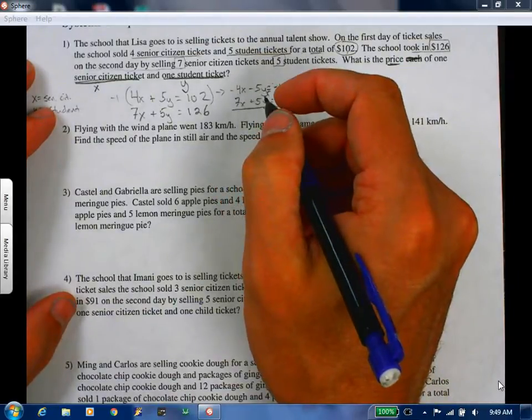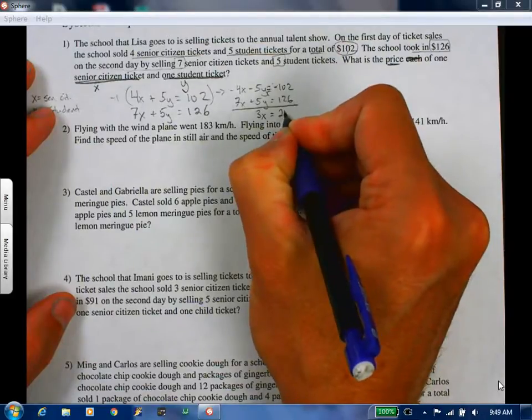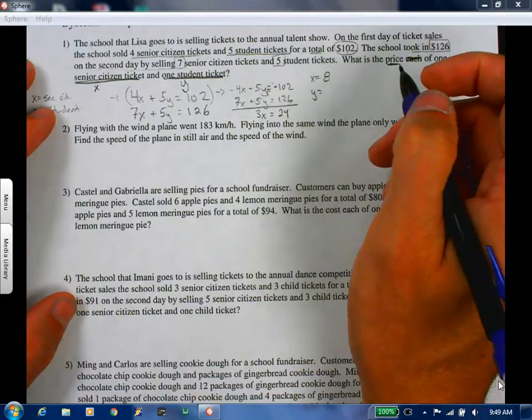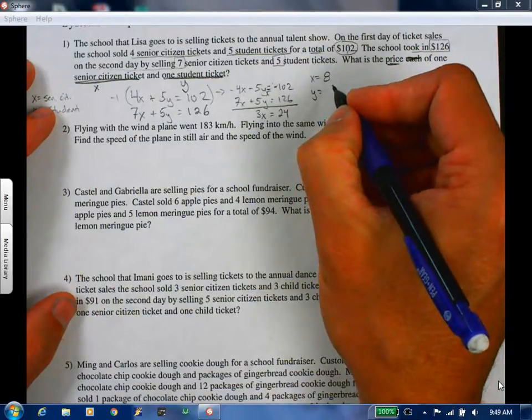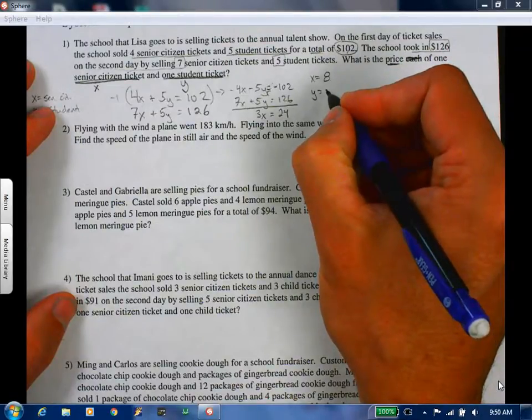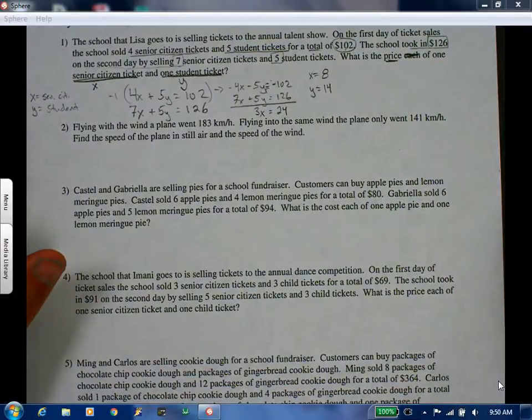Someone have a value for X? X equals 8. That means Y equals 14. The rest of you agree? Those are our x and y values.